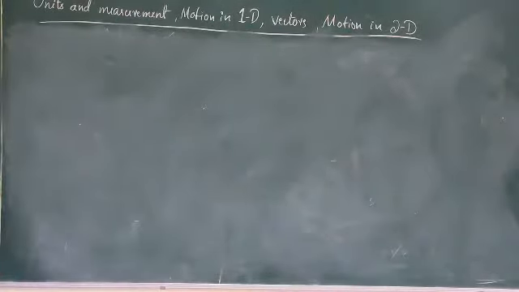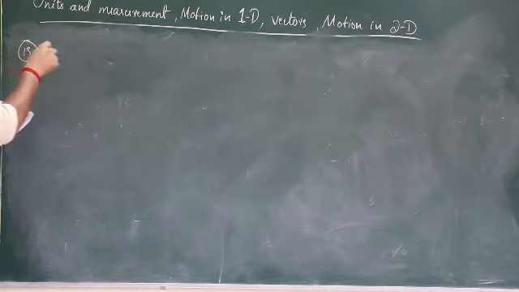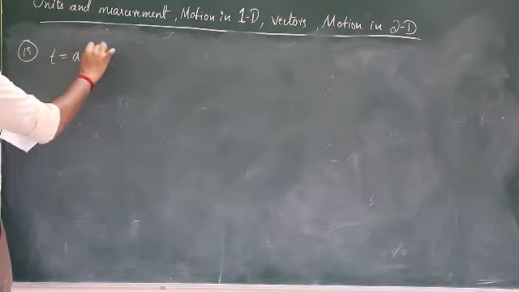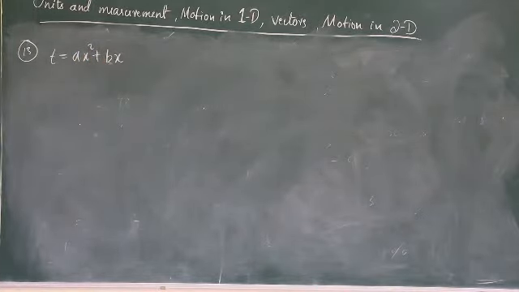So question number 13. The relation between time t and distance x is t equal to ax square plus bx, where a and b are constants. We are supposed to find the acceleration. You can see the given data, that is what is mentioned.